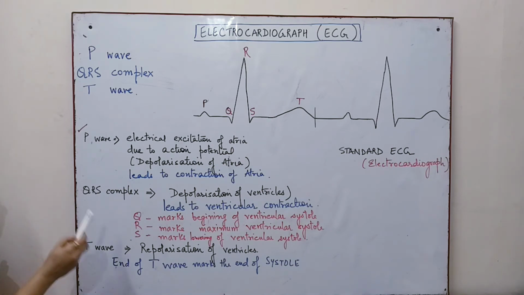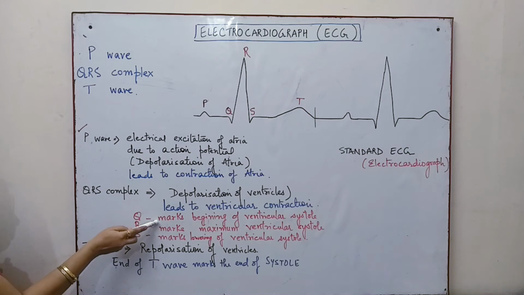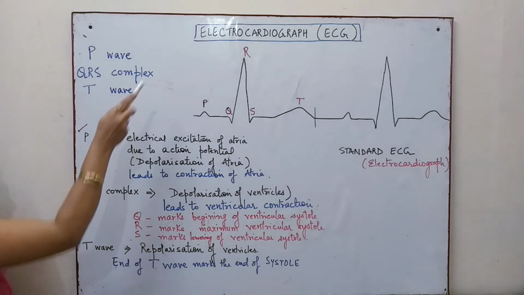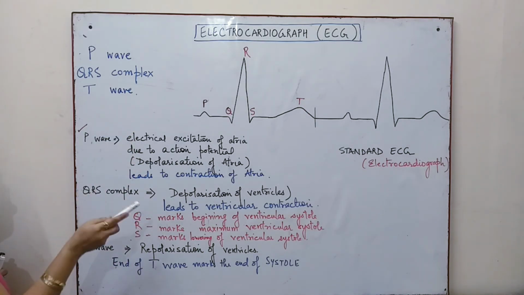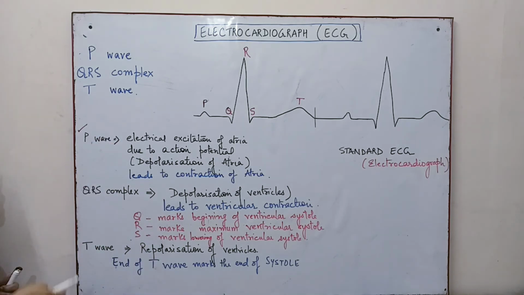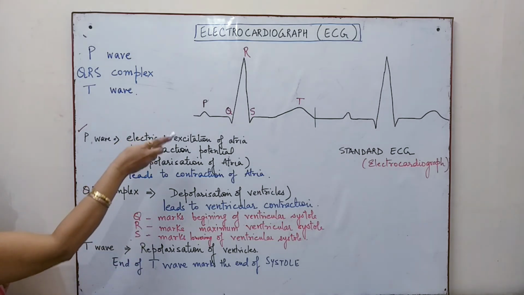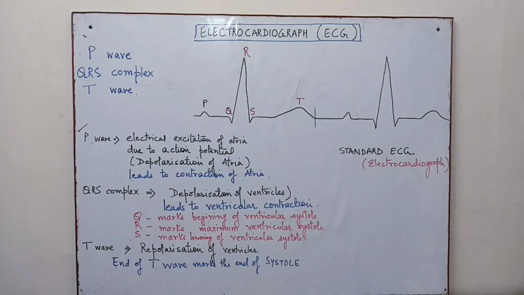That is Q, which is the beginning of the ventricular systole. R marks the maximum ventricular systole, that is with the maximum contraction of the ventricles, and S marks the lowering of the ventricular systole. After this, that is what we call depolarization of ventricles.